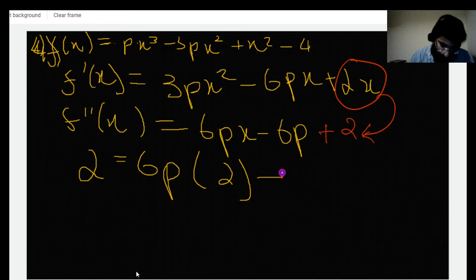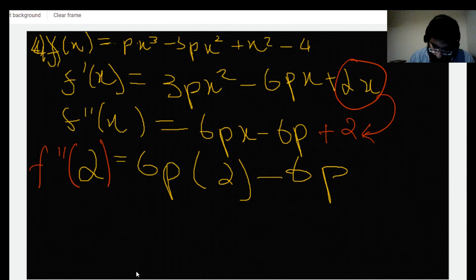F double dash x is 6px minus 6p plus 2. Just put plus 2. And so it becomes minus 1 is equal to 12p minus 6p plus 2.